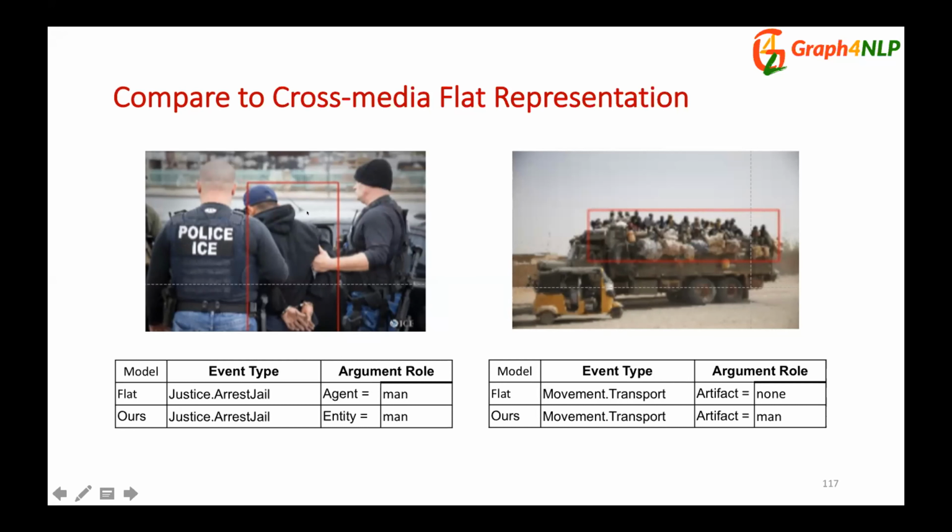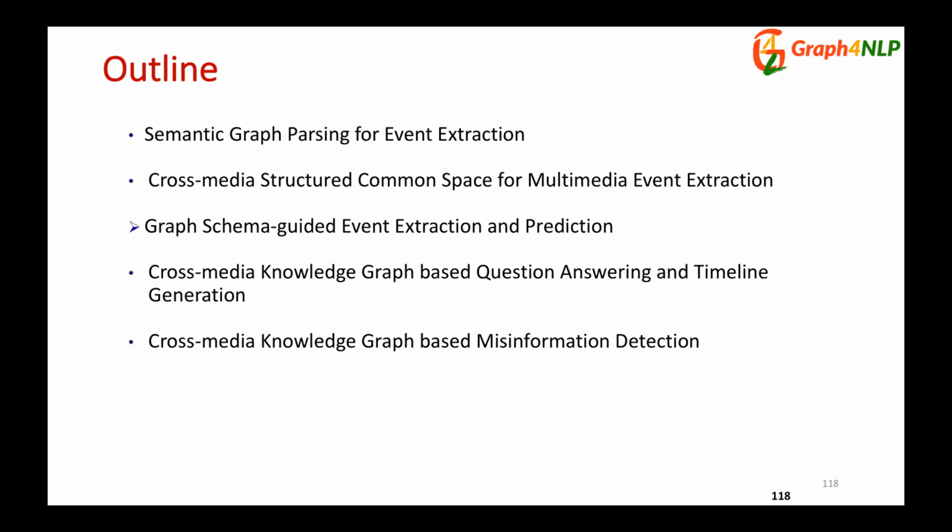For example, this man will be mistakenly identified as agent instead of the entity who is being arrested. And similarly, when we have a bounding box which includes multiple entities, the flat representation often makes a mistake, either missing the role or assigning an incorrect role. So that's another example about improving portability.